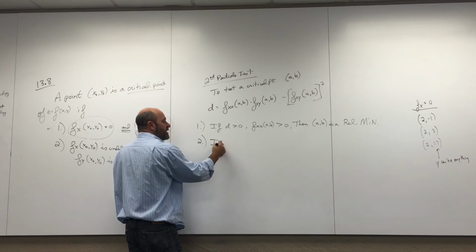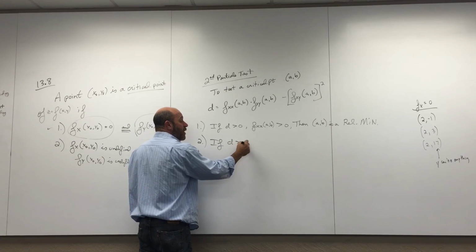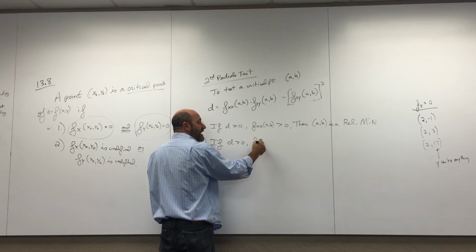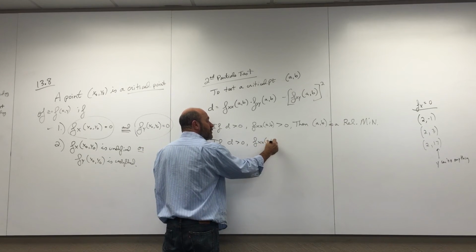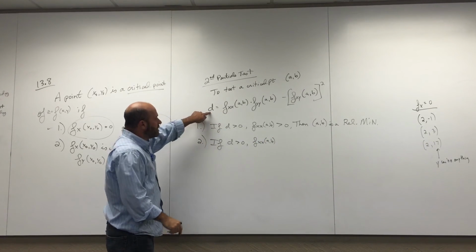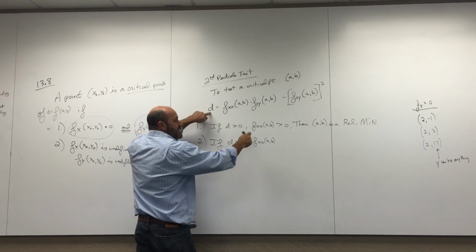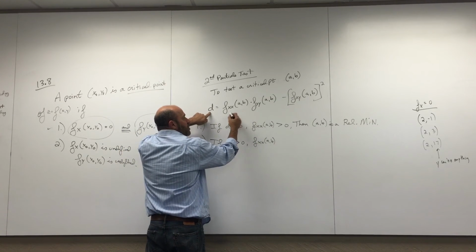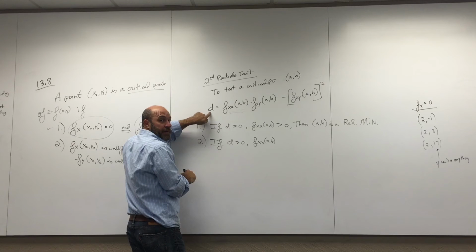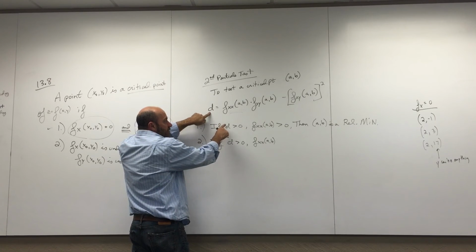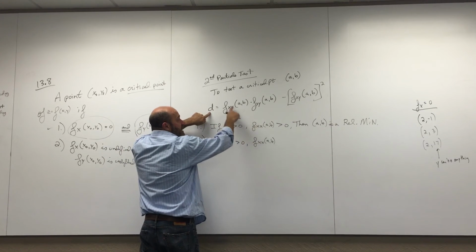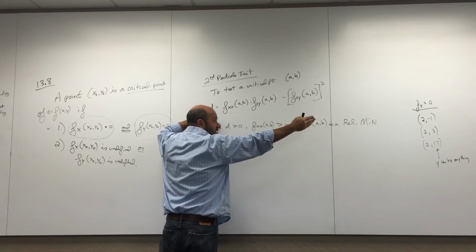If D is greater than 0, watch this, the fxx, see, so you're worried about calculating this number D, but then also in the process, apparently it's important to look at this fxx number here. So if D is greater than 0 and that fxx was greater than 0, then it's a min.